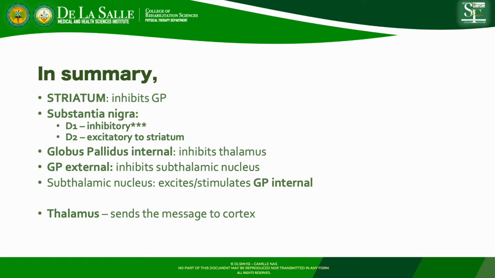The substantia nigra, its function is either inhibitory or excitatory, but it will excite the striatum in the indirect pathway. The globus pallidus internal inhibits the thalamus. The globus pallidus external will inhibit the subthalamic nucleus, and the subthalamic nucleus will excite the globus pallidus internal. Again, they're like partners in crime.